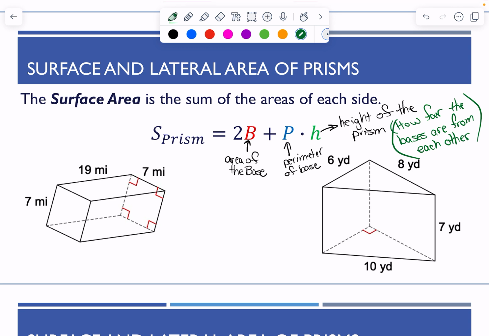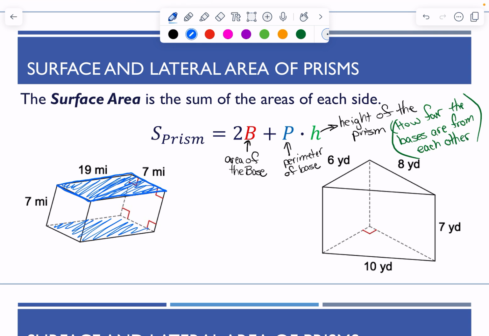Okay, so here we go. Let's break this down and see what we can do. Here I'm looking at a rectangular prism. I'm going to use the top as my base, and I have a parallel one straight down at the bottom.